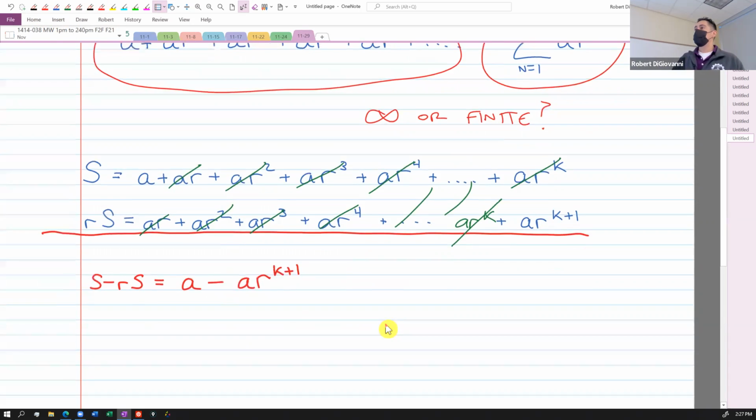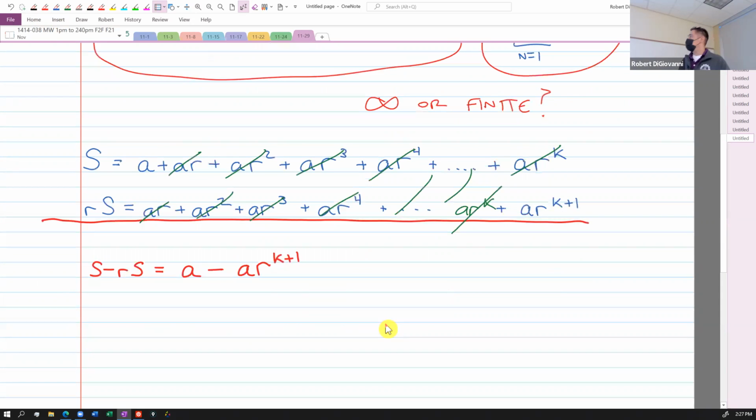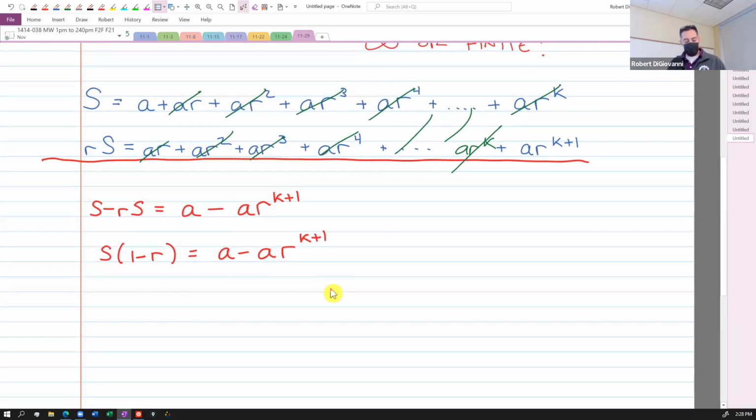With me? We're getting close. This is going to be really cool. On the left side of this equation, factor an S out. Okay. Now divide both sides by 1 minus R.